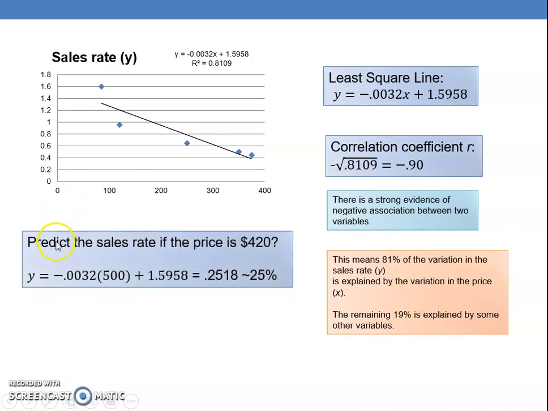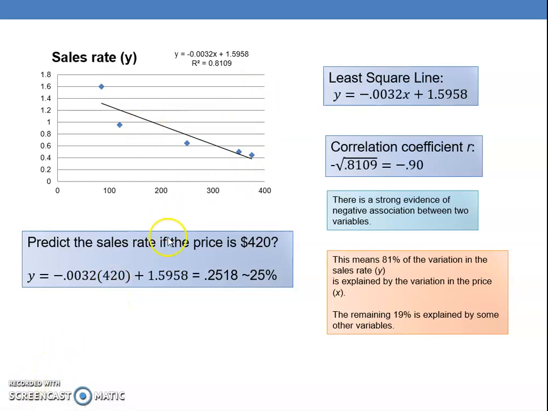All right, so this time, predict the sales rate if the price is $420. So in this example, again, this X right here, or your horizontal axis, is the price. And then here, your Y is your sales rate.